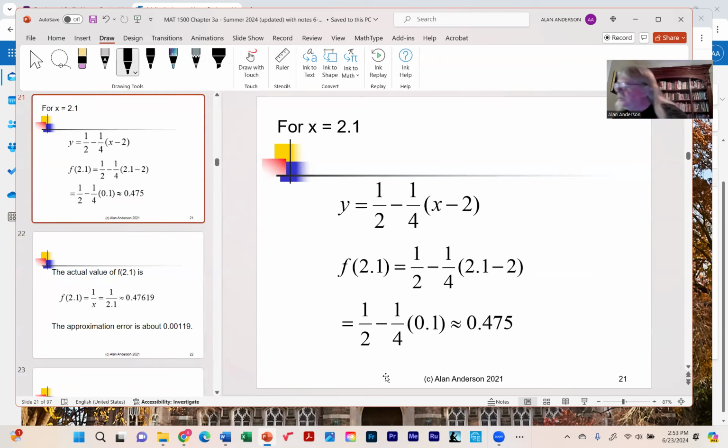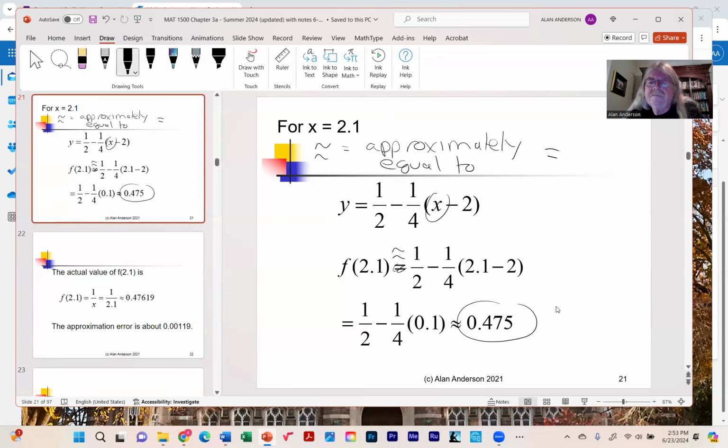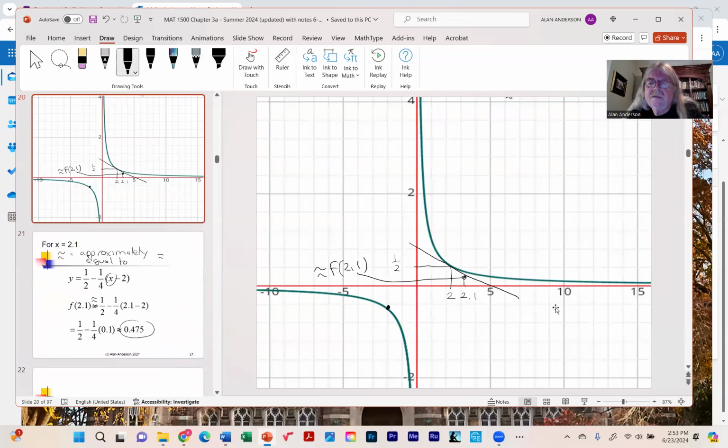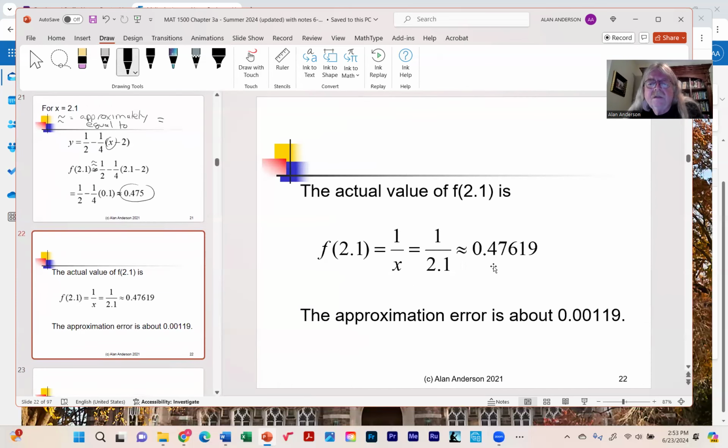To distinguish it from these, which are clearly equals. So we're getting 0.475 there. Because in this case we do know the actual function, if you plug that in, you'll see that it's about 0.47619.